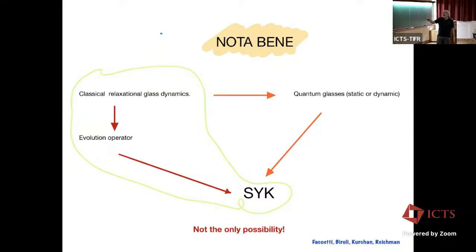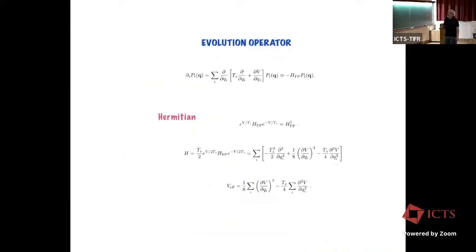One thing would be to quantize them, since I want to go to SYK, which is quantum, but I am not going to do that. The glasses I will consider can be classical or quantum, and I will keep them classical. But my connection will be, as you see, a bit twisted. It's not going to involve quantizing the glass. You see now what I will do.